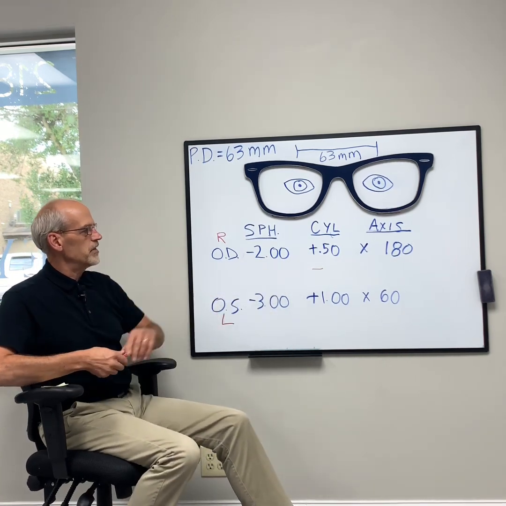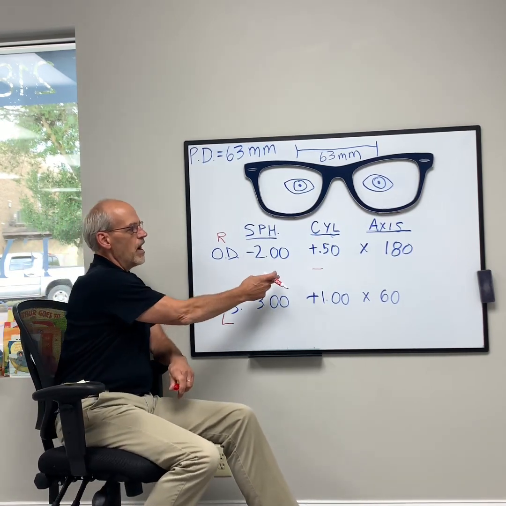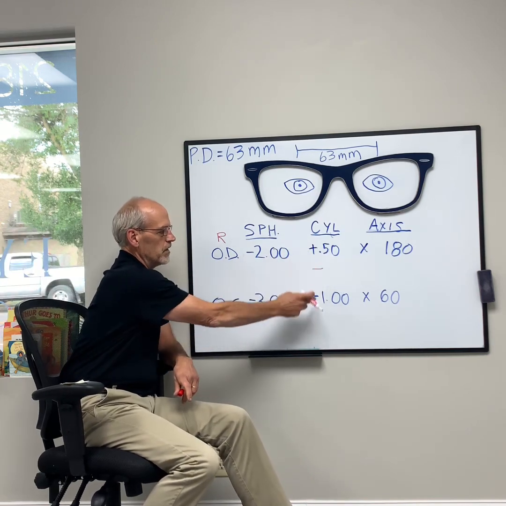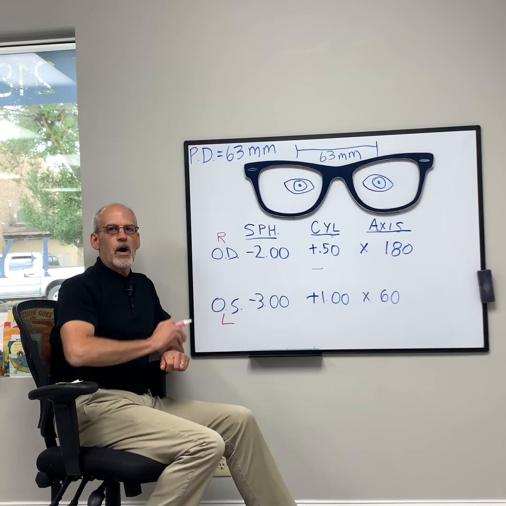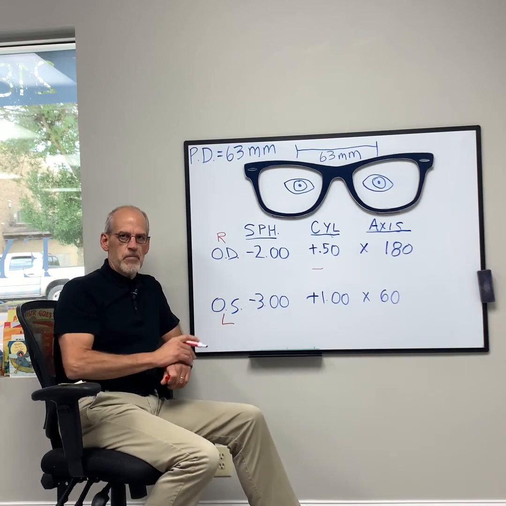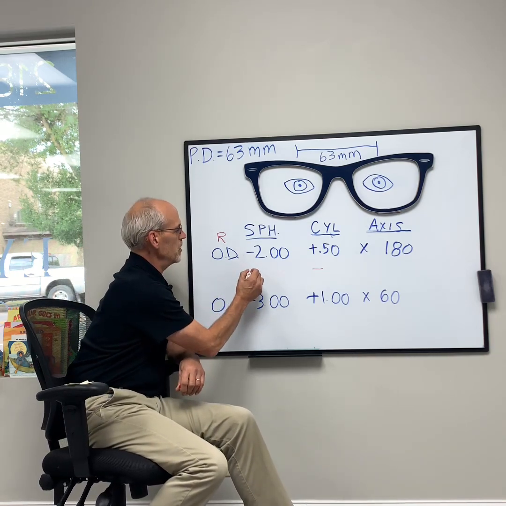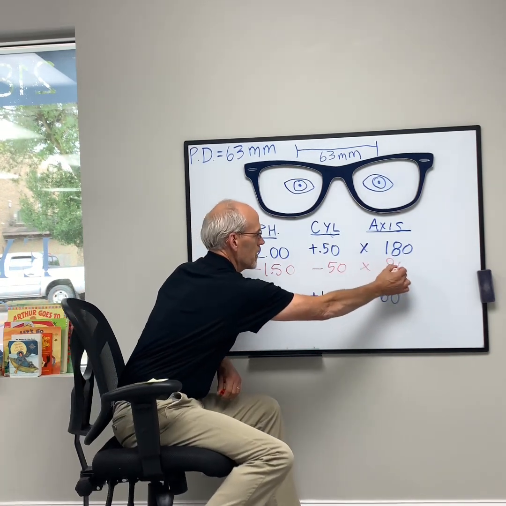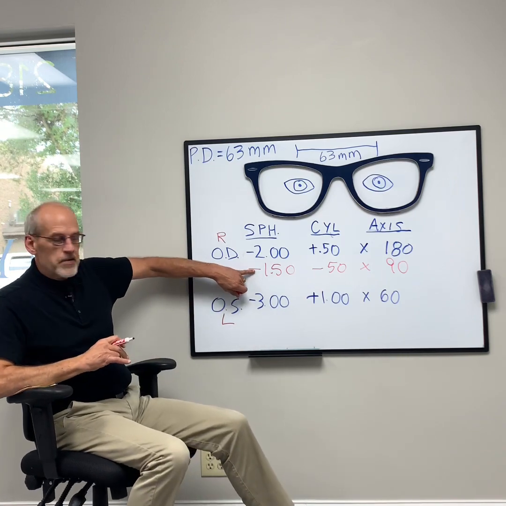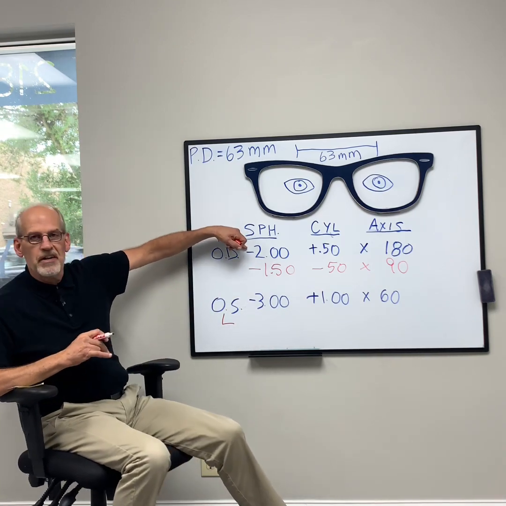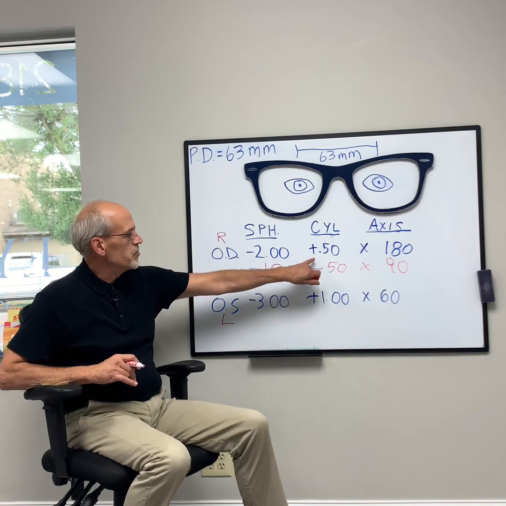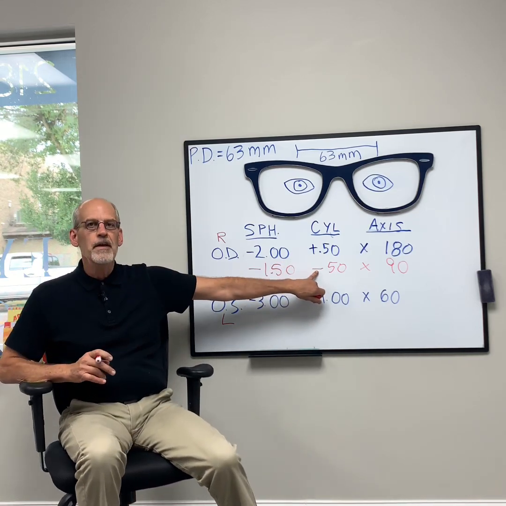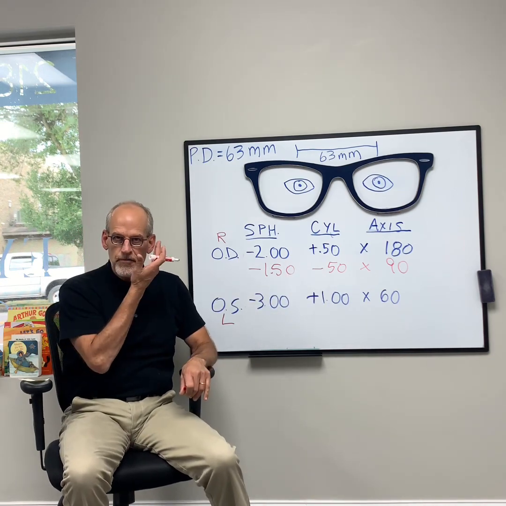So if we look at this prescription, I'm going to change this prescription from plus cylinder to minus cylinder, and you watch what kind of difference the numbers look like. This prescription and this prescription are exactly the same. It's just this is written in plus cylinder, this is written in minus cylinder. Now we've got the base curve on the front.